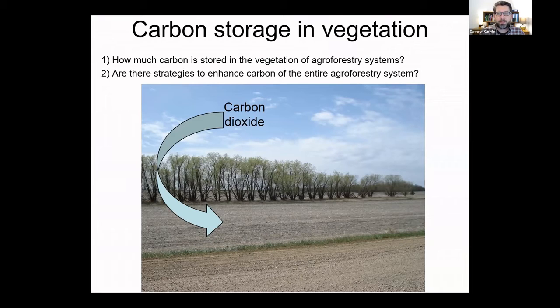And so some of the things that we were wondering about with respect to the vegetation is, just how much carbon is being stored in the vegetation of these agroforestry systems? And then secondly, and maybe more importantly, are there strategies that we can use in terms of the vegetation to try and enhance the amount of carbon that's stored in the entire system?